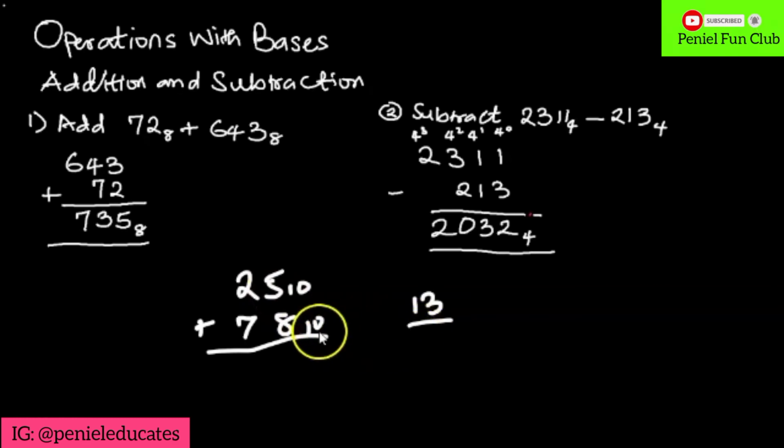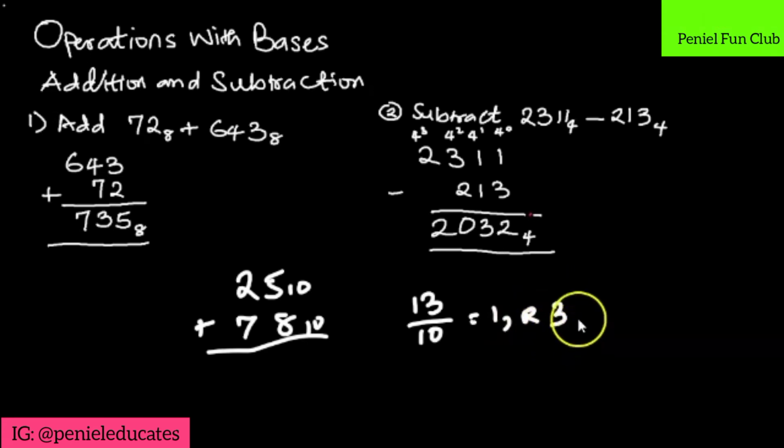We know the base is 10 and our answer is 13. So we divide by 10. So 10 here we have 1, then remainder 3. All right, so we put this remainder 3 here. Then we carry 1.